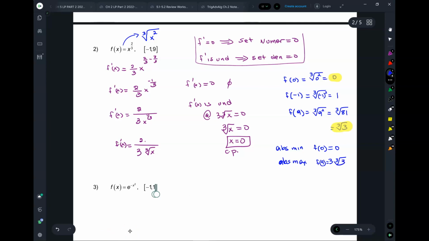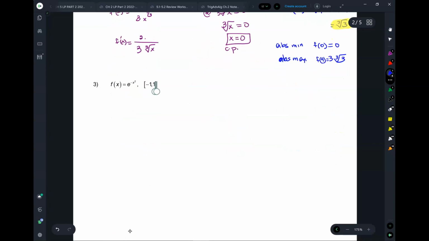All right. So, okay, e to the negative x squared. So f prime of x. You're going to take a derivative of an e. So the same thing just repeats, right? E to the negative x squared times the derivative of the exponent.